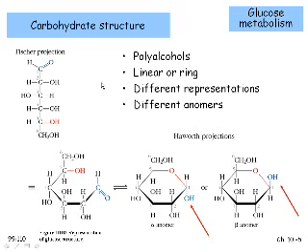Now, carbohydrates or sugars can have either a linear configuration or a ring configuration. And depending on which configuration you're talking about, different ways of representing it can be more or less useful. The Fischer representation, a Fischer projection, is a way of representing sugars as linear compounds.